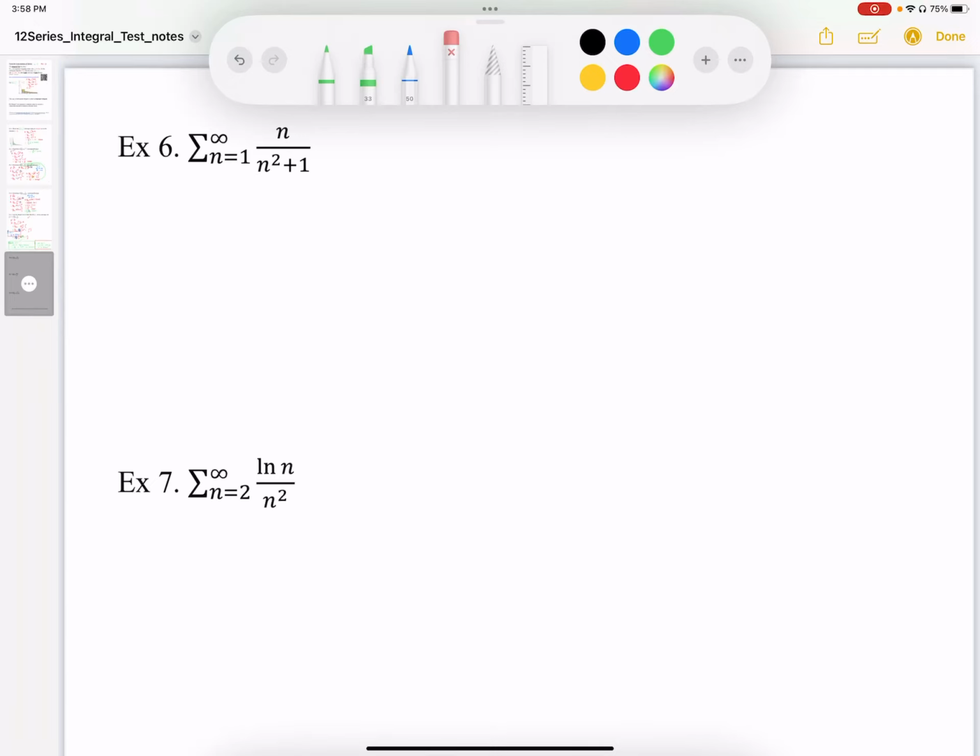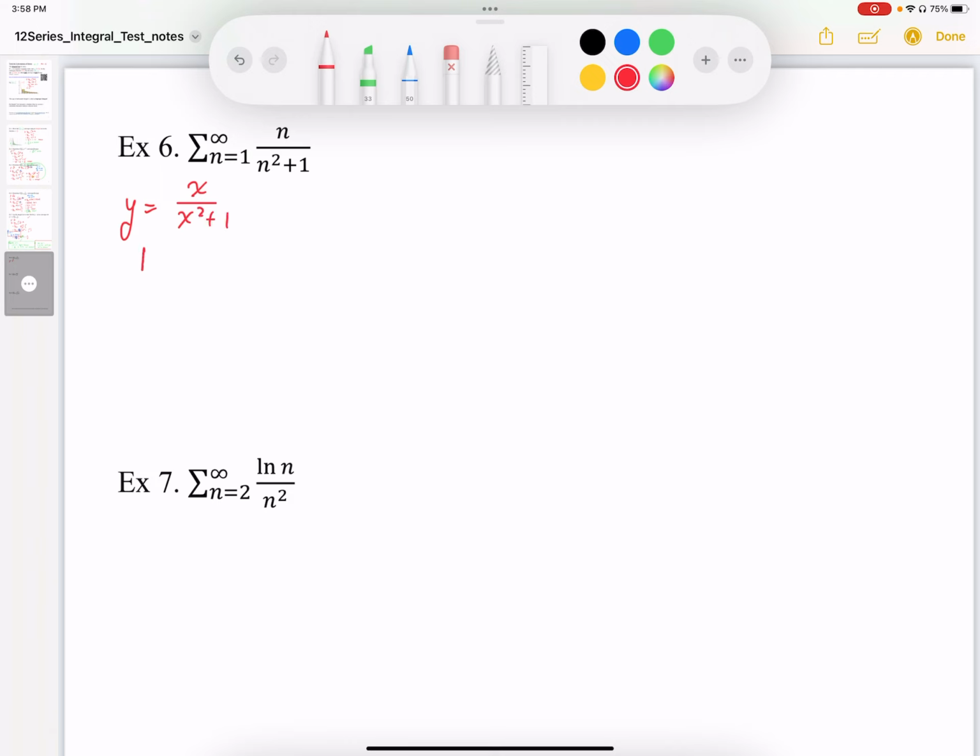These next examples are just integral series tests, but we're going to do a little bit harder integrals in this case. So to set this up, we're going to let our function be y equals x over x squared plus 1.